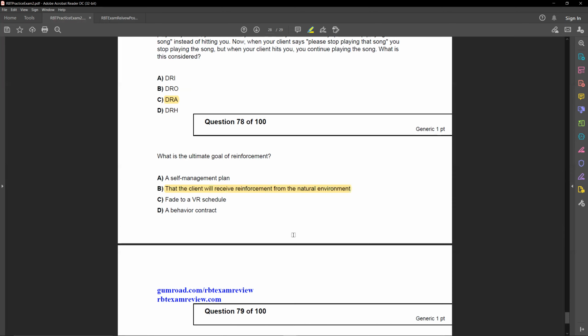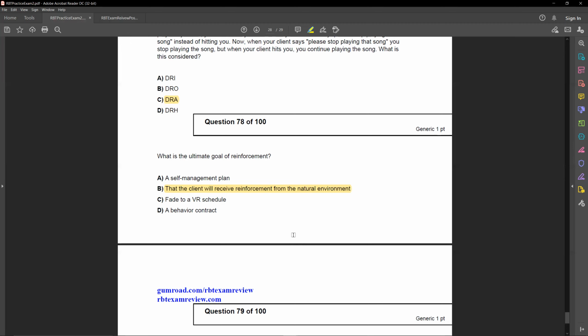What does that mean? For the skill we're teaching, the client will contact natural reinforcement in the environment without it being contrived, okay? Because our behavior, remember, is maintained and increased by contacting reinforcement, okay? But reinforcement is not always contrived, right? We can't always set it up.